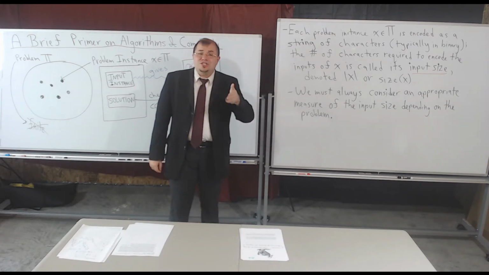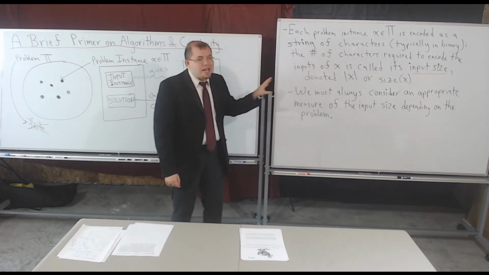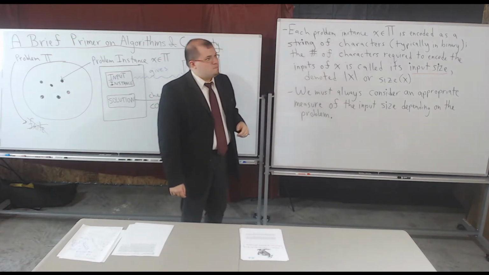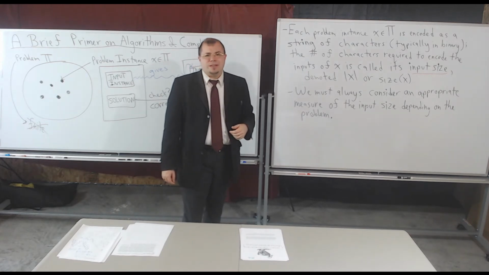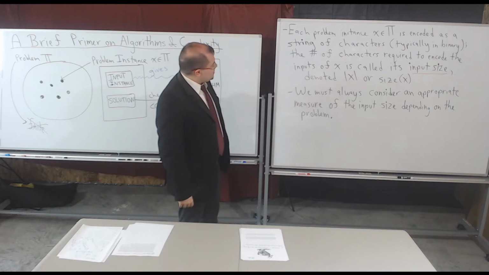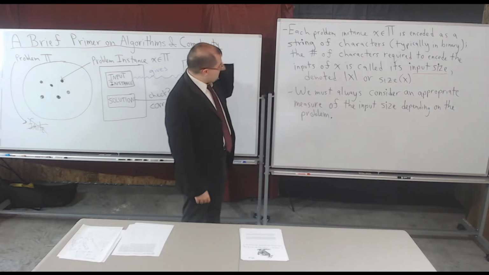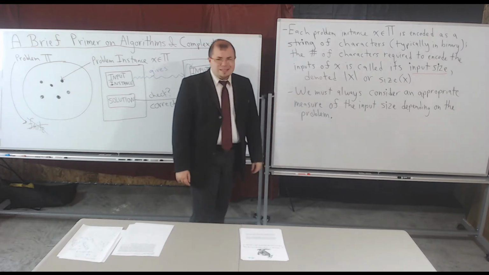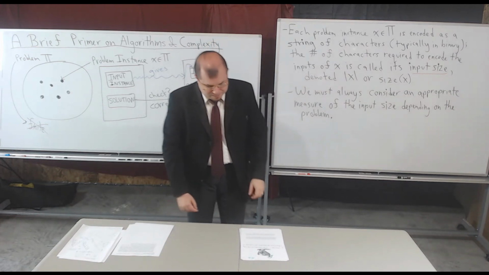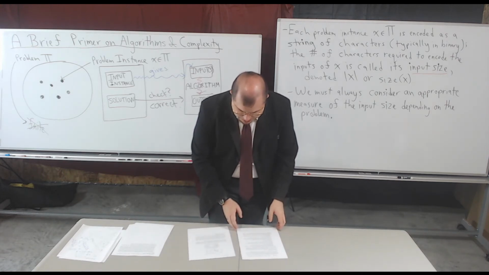So this is the point I want to make: just be careful around this. If you're familiar with this from an undergraduate level, it's not going to be any different. I'm trying to address some of these nuanced points involving input size. I'll give you some examples of this in a little bit, so just keep that in mind.